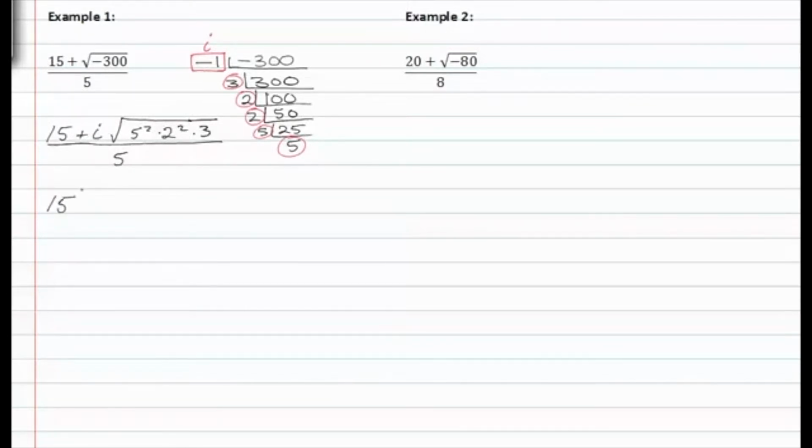So we get 15 plus 5 times 2 times i root 3 all over 5. Let's rewrite multiplying the 5 and the 2 together, so we get 10i root 3 all over 5.